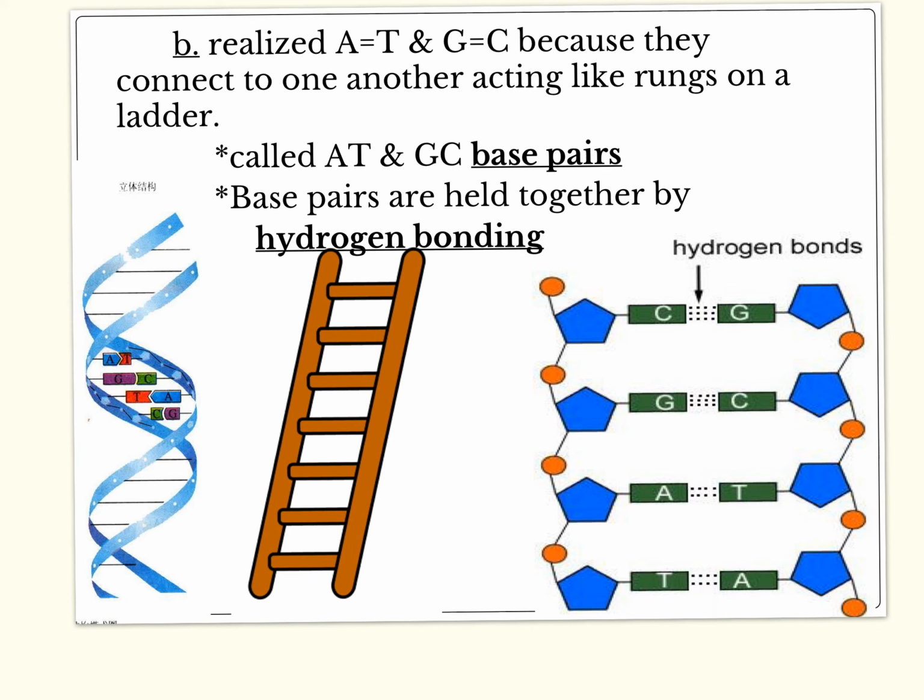The hydrogen atoms in the cytosine are connecting with the hydrogen atoms in the guanine. There are three connecting with each other, and that's why there are three dotted lines. Between adenine and thymine, the A and T, there are two sets of hydrogens connecting with one another, and that's why there are two dotted lines right there.